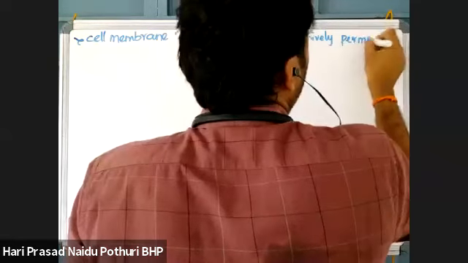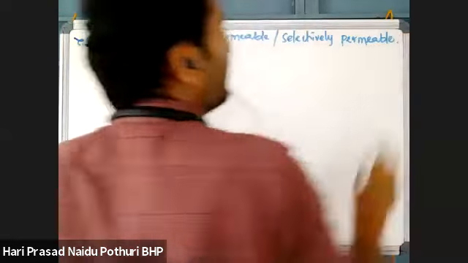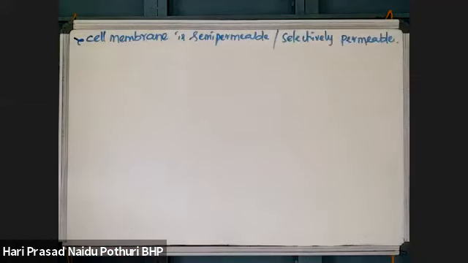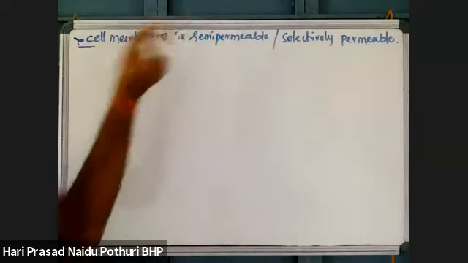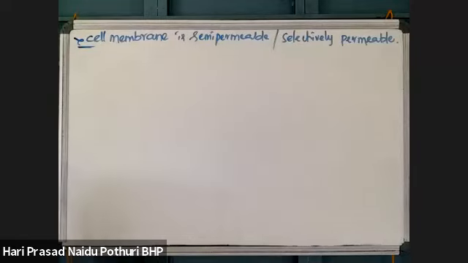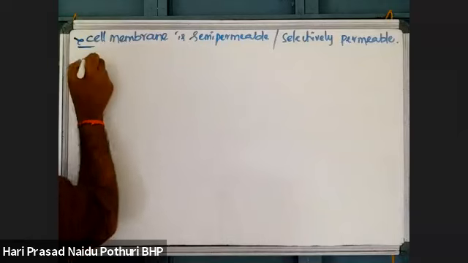It may be semi-permeable or selectively permeable based on the channel proteins present inside the membrane. In the middle of the membrane, there are intrinsic proteins or channel proteins. Based on the proteins present in the membrane, it is semi-permeable or selectively permeable. You know the difference between semi-permeable and selectively permeable.